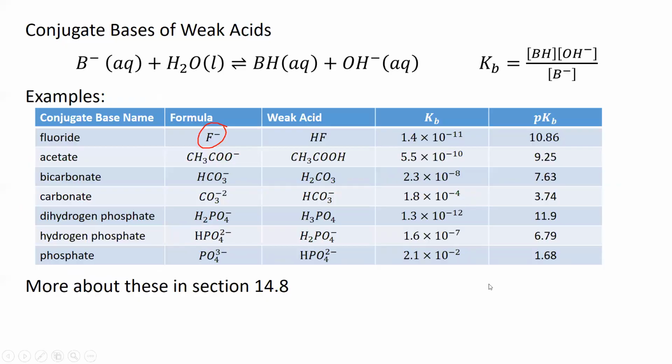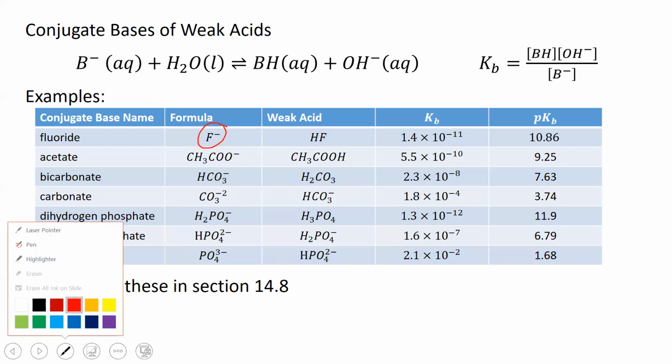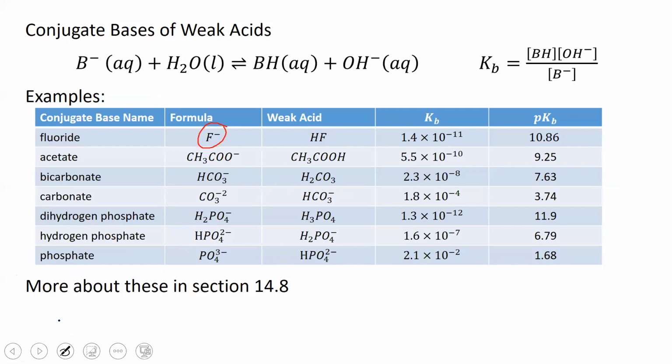There we go. Okay. So on this, what you can see is whether it's bicarbonate, which is the conjugate base of the weak acid carbonic acid, or carbonate, which is the conjugate base of bicarbonate, or dihydrogen phosphate, hydrogen phosphate, or phosphate.